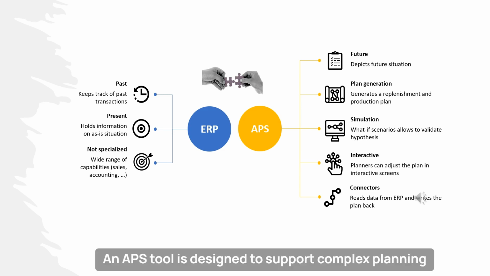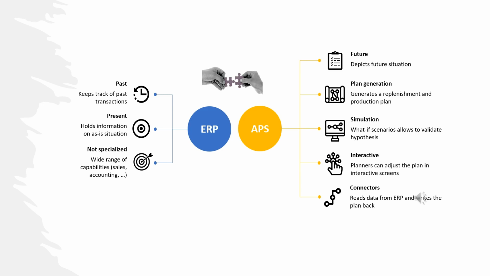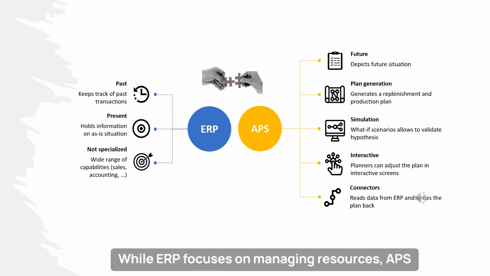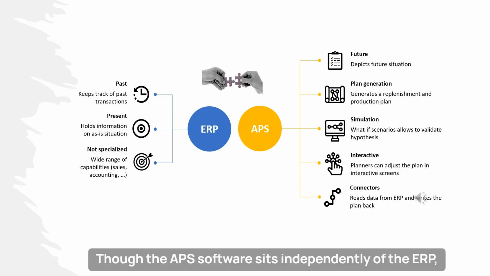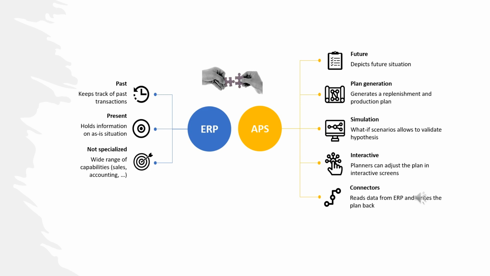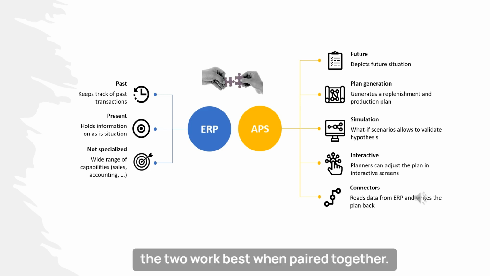An APS tool is designed to support complex planning processes and integrate the results efficiently into ERP. While ERP focuses on managing resources, APS focuses on managing constraints. Though the APS software sits independently of the ERP, the two work best when paired together.